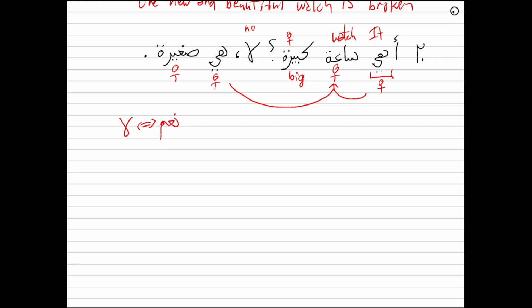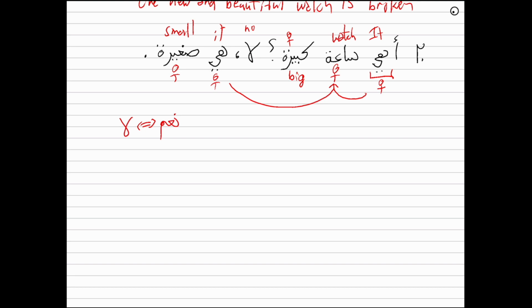All right, so let's see what we have. Hiya sa'a kabira la hiya saghira. So you can literally say it again because it refers to the watch, and then saghira is small. You take the time to notice all of these agree with each other in feminine.